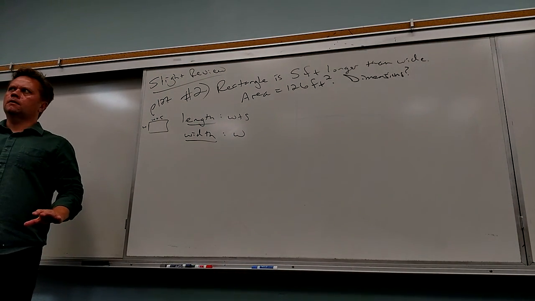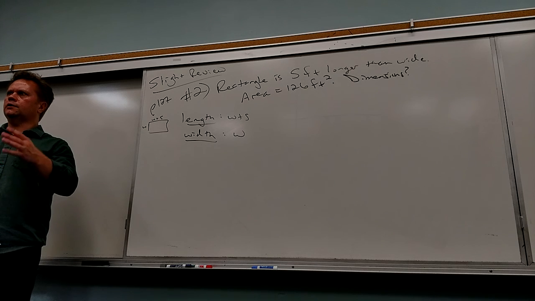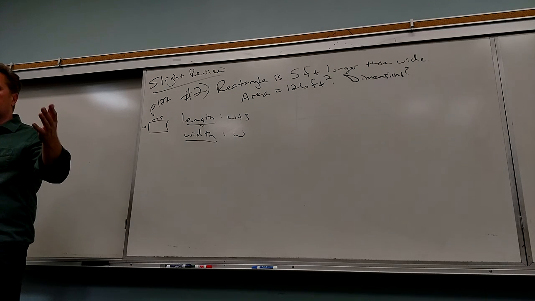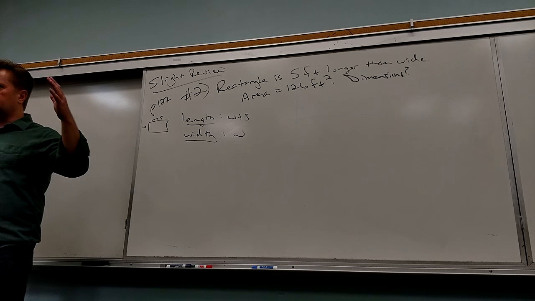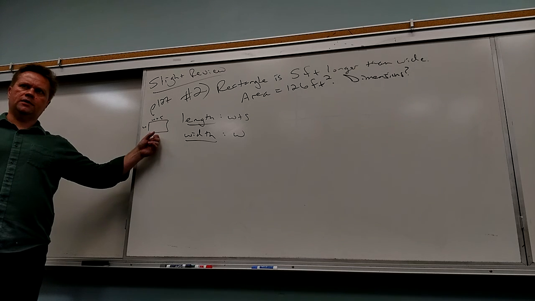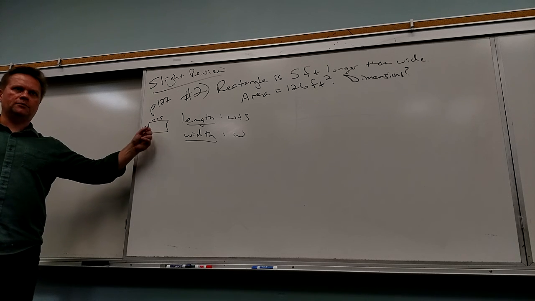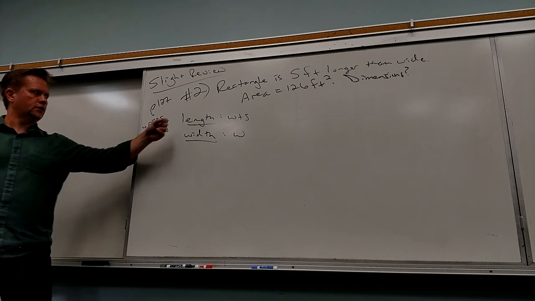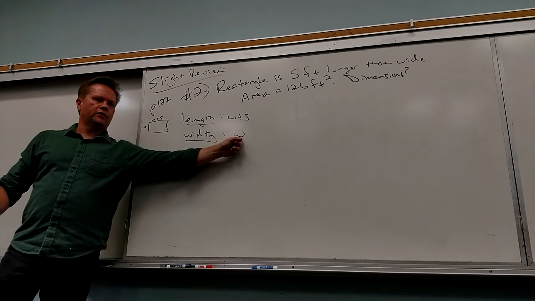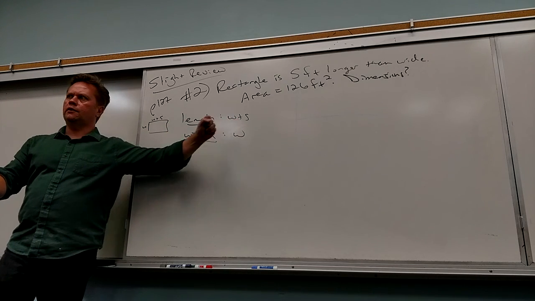This is going to have a different way to solve it, but that doesn't change the beginning. The beginning of almost every word problem is draw a picture if it makes sense. If I'm buying a shirt, I'm not going to draw a little shirt. But if it's a geometric problem, yeah, I'm going to draw a little picture, keep myself kind of straight. What are the players? Give one of them a variable name and then build the other ones off of that.